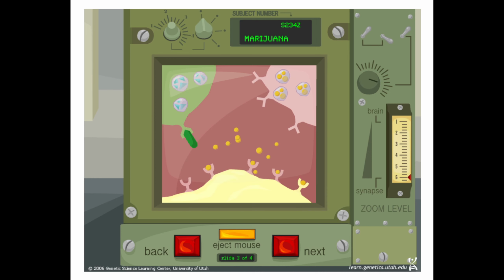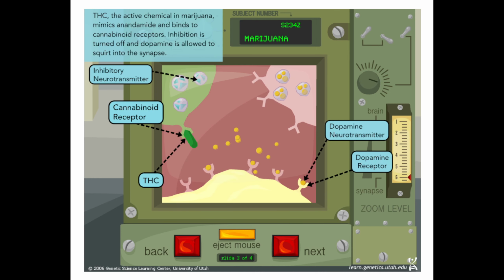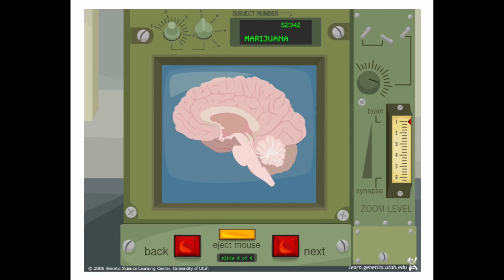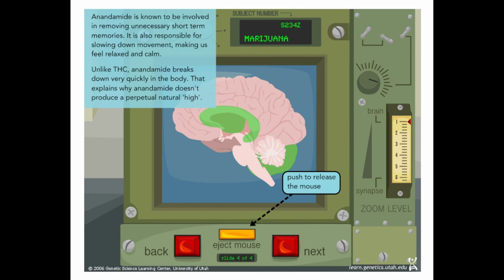So again, what THC does in this case is it mimics that naturally occurring cannabinoid, and it binds to stop the release of that inhibitory neurotransmitter. Very similar to some other ones we've looked at. The result here is more dopamine in the system, more dopamine allowed to be bound over and over again to those receptors. Of course, this acts in different parts of the brain. Specifically with marijuana, it's often involved in areas like memory, specifically short-term memory, and parts of bodily awareness, making us feel calm and relaxed.